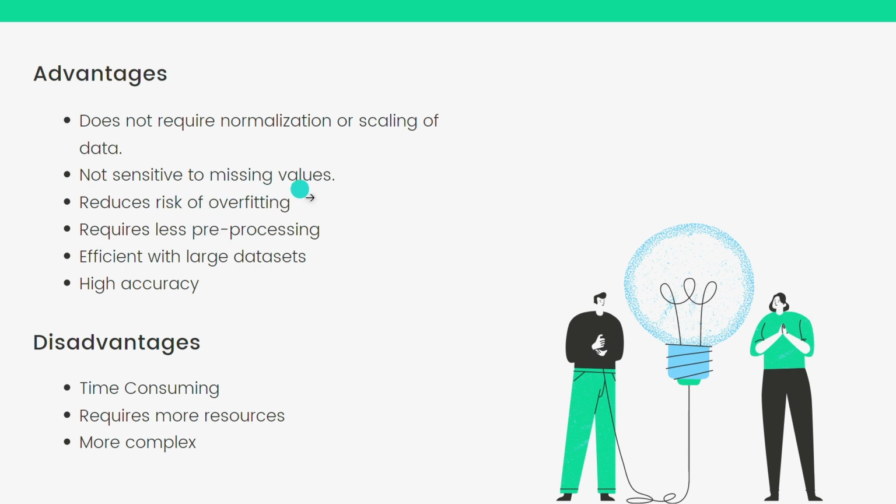Now, overfitting happens when there are a lot of features in the data set, when the data set is very large, and most of the other models will have an issue of overfitting. But random forest does not have that issue because even if there are 100 features, it will only take n number of features at one time to build a decision tree.